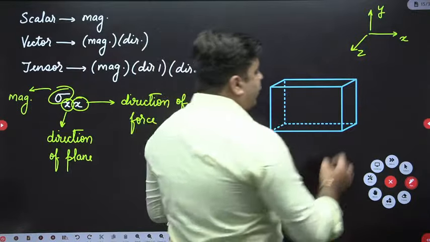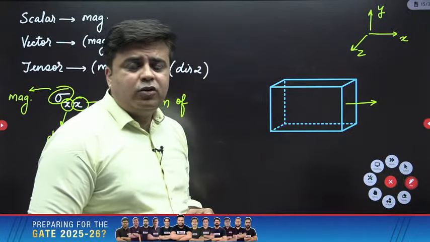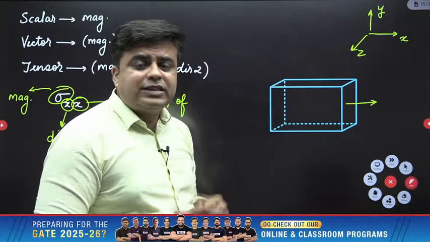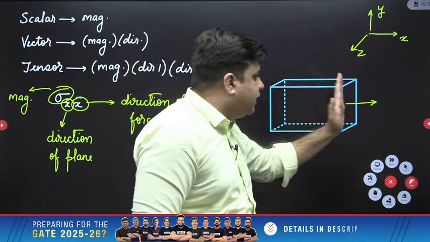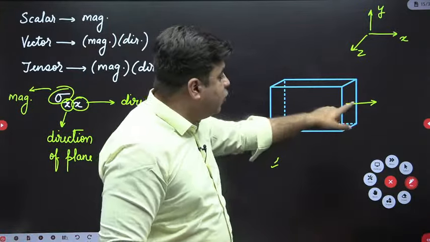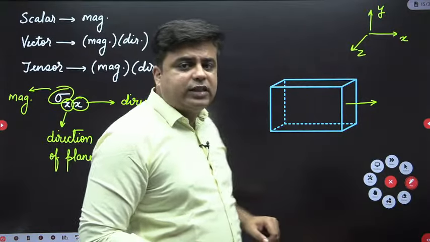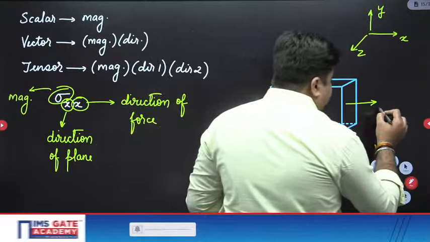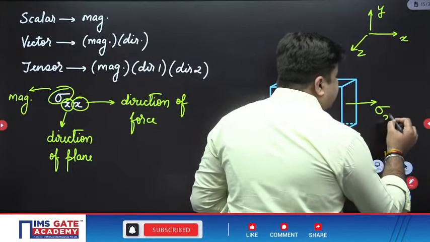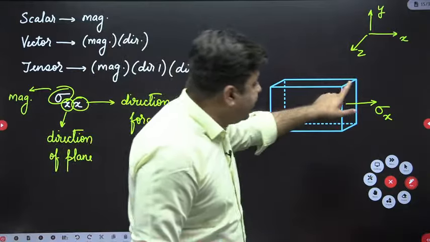If I apply a normal stress, the stress which acts perpendicular to the cross section, this normal stress is acting on which plane? It is acting on x plane.